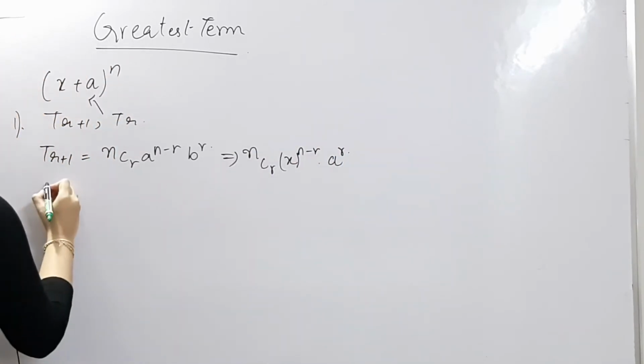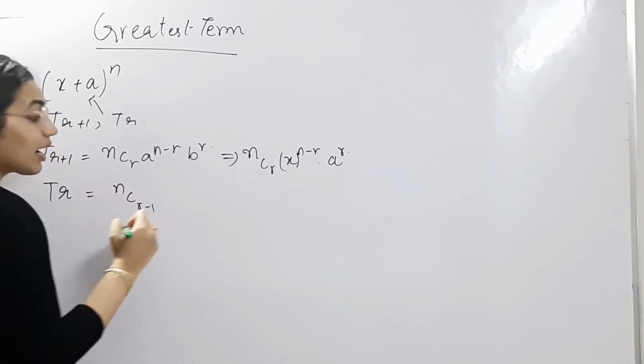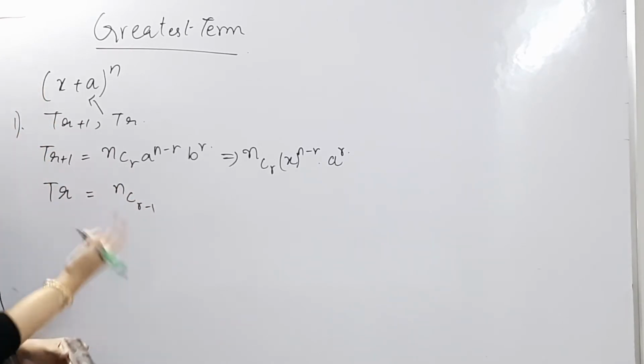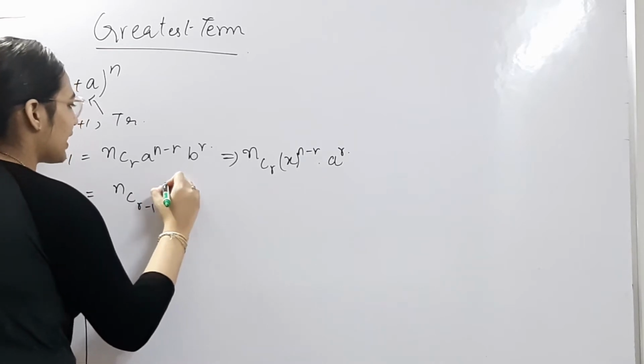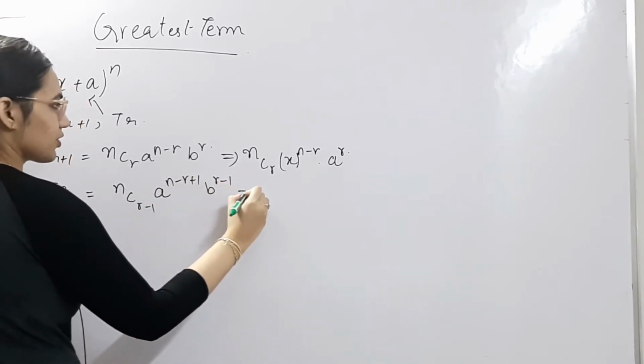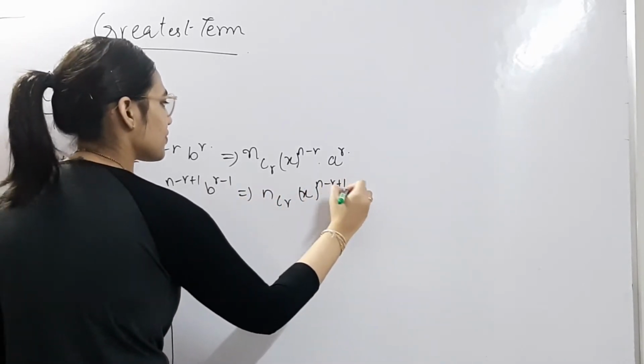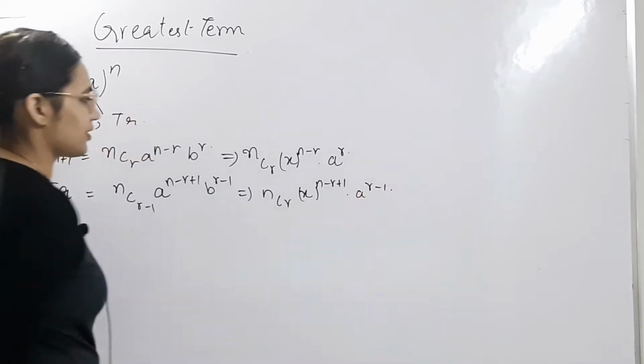This is T(r+1). What is T(r)? T(r) is nCr minus 1, because we are finding r, so we need the term before it. So x to the power of n minus r plus 1 and a to the power of r minus 1.